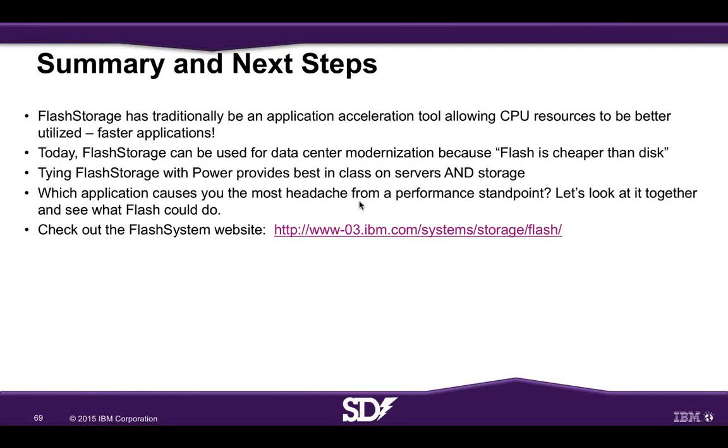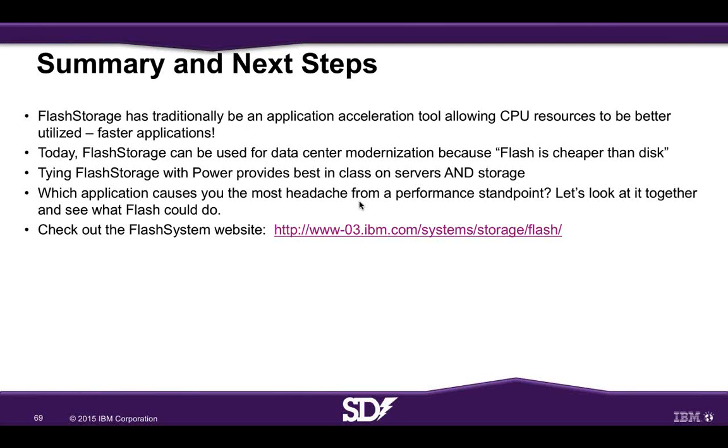The next one here is about the distance for the flash array from the server. How does the distance affect the performance, and what distances are allowed? So think of it this way: the FS900 or either of the other arrays, think of them as if they were traditional Fibre Channel storage arrays.